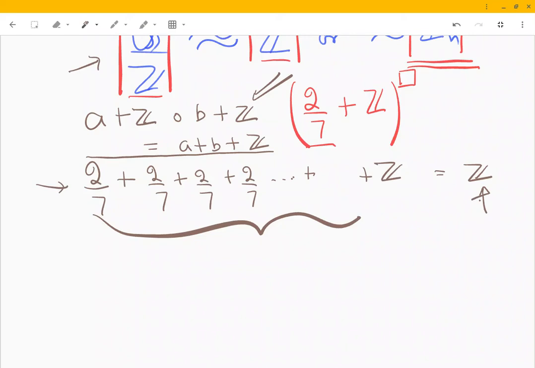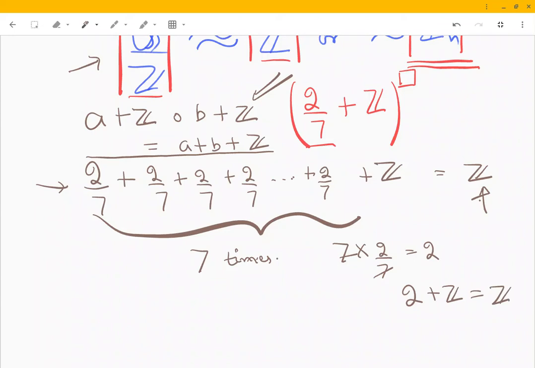Obviously 7 times, right? Plus 2 over 7, 7 times. Because what that will do is give us 7 times 2 over 7, which is 2. So we will be getting 2 plus z, which will be z itself. So the order of this element is 7, right?